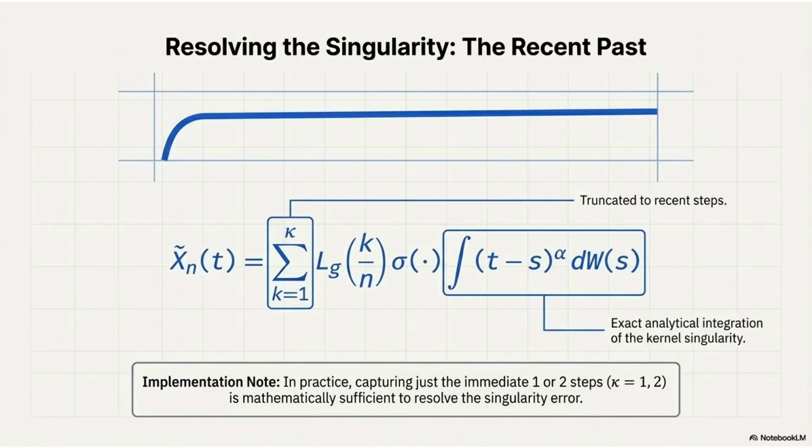We keep the true mathematical power function and calculate the exact analytical integration against the driving Brownian motion. As the implementation note points out, you do not need to do this for the whole timeline. Capturing just the immediate one or two time steps, like so, k is 1 or 2, is mathematically sufficient to resolve this singularity error.